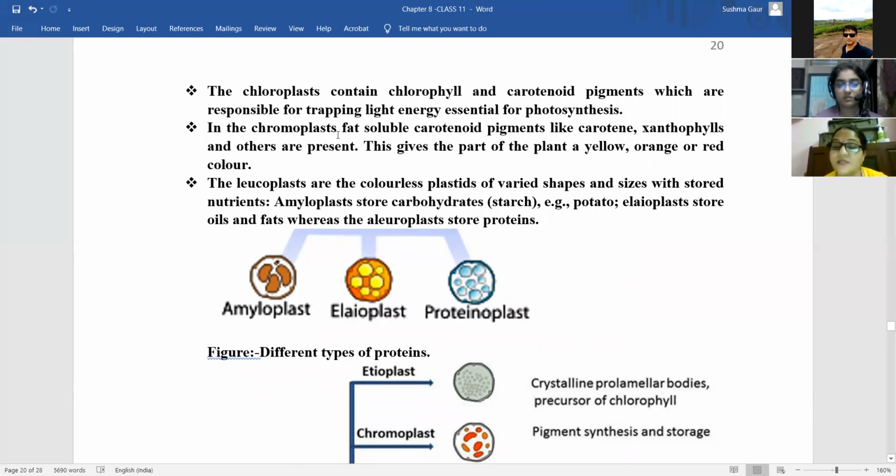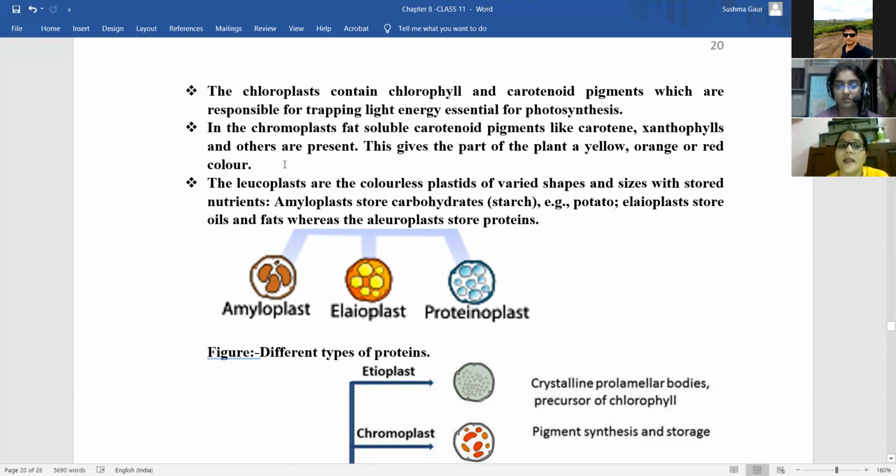In the chromoplast, fat soluble carotenoid pigments like carotene and xanthophylls will be present. Chromoplast doesn't consist of chlorophyll; it consists of carotene and xanthophylls, and they give a specific color to the plant, that is yellow, orange, or red.